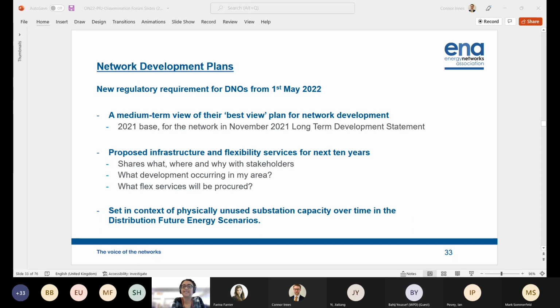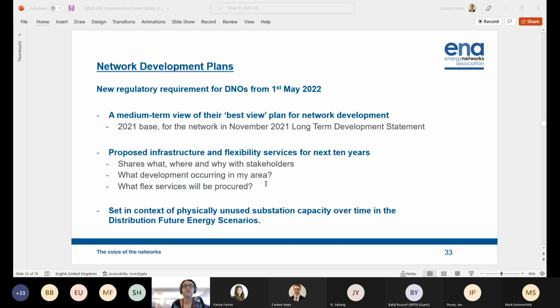So the LTDS gives extensive information about the networks as they are now and looks forward 5 years, whereas the network development plans are looking forward 10 years for infrastructure and flexibility services plans, and looking even further out, to 2050, at the context of unused substation capacity in the distribution future energy scenarios. And I'll give a bit more context in a moment about what they are.